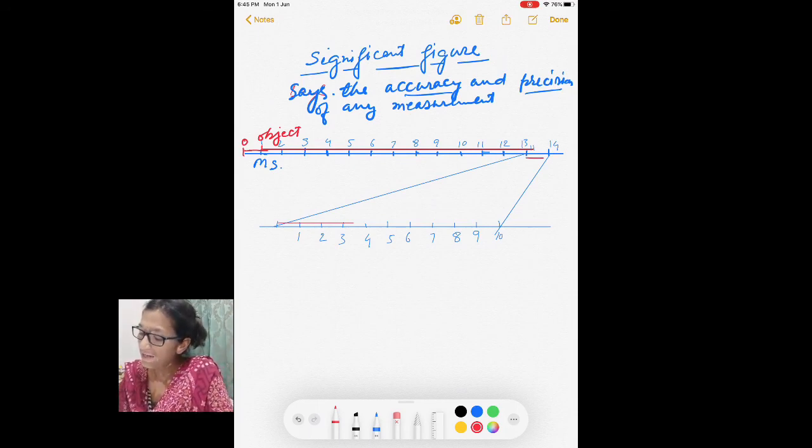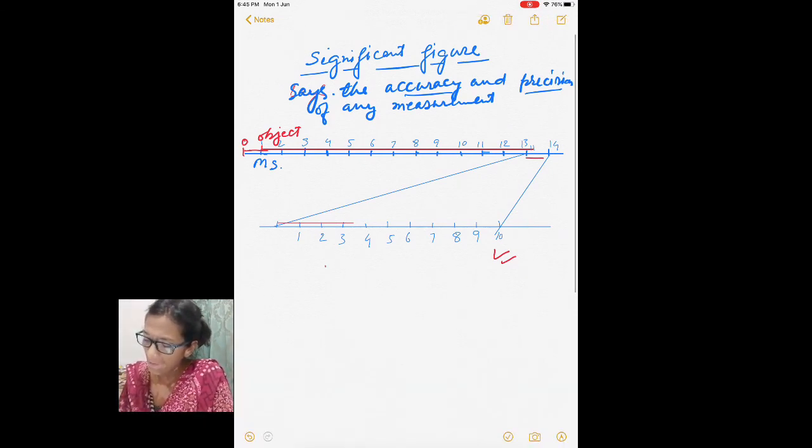I have magnified this portion through a magnifying glass and I have taken that portion on this line. Okay, so in between 13 and 14 you have 10 divisions and this line falls in between the third division and the fourth division. So what the measurement that you can directly read from this measuring instrument is 13 point, it is falling somewhere in between 3 and 4.